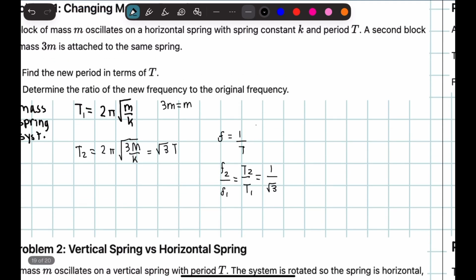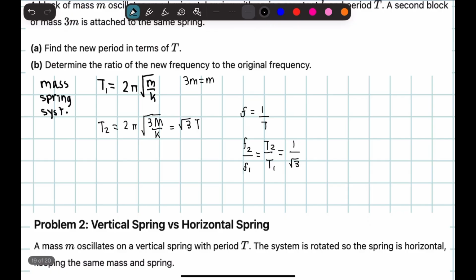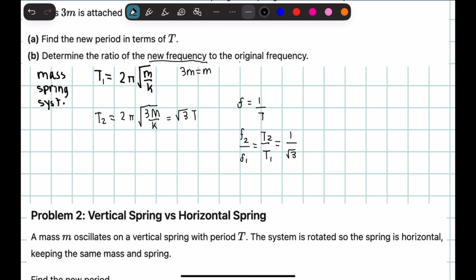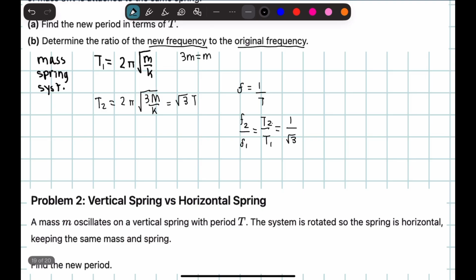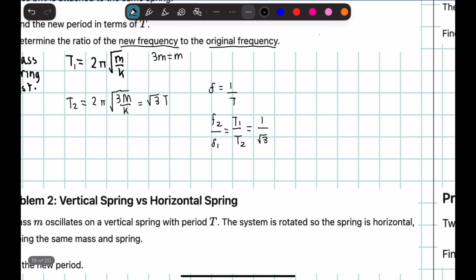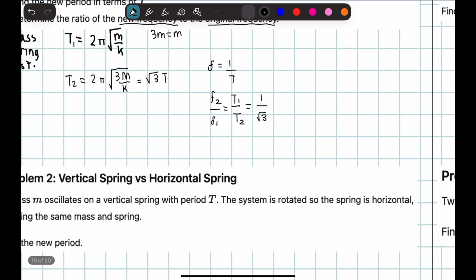So that is the ratio of the new frequency to the original frequency. Actually, this is going to be T1 over T2 because it is flipped.